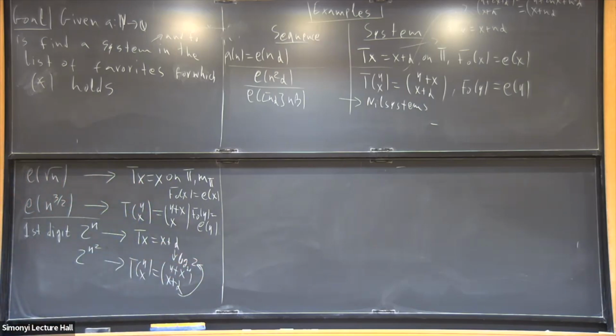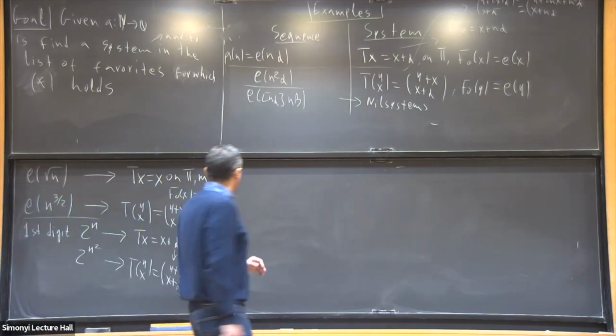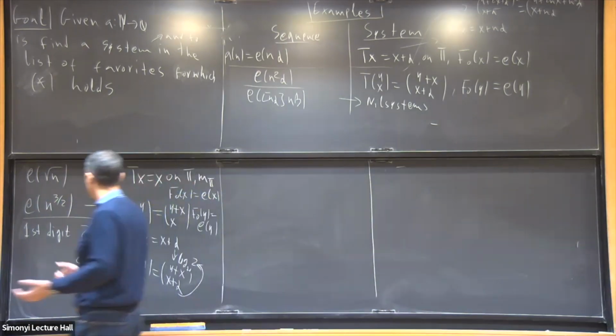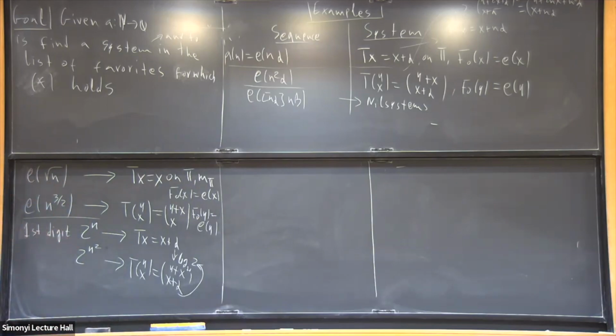Or n to the 3/2, something like that, and it goes on. Okay, I don't want to give a sense that you give me a sequence and I can always produce the system, it would be nice. But these are some success stories to give you a sense of what we're really looking for.